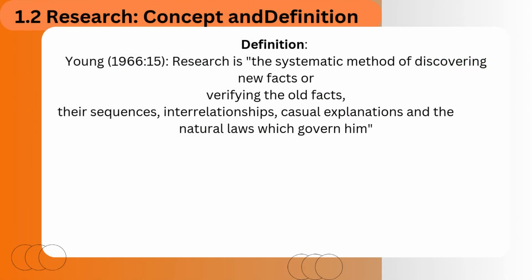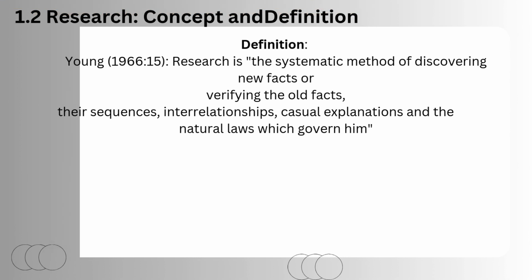The next slide is about definition of research. According to Young, research is the systematic method of discovering new facts or verifying the old facts, their sequences, interrelationships, causal explanation and the natural law which govern them.